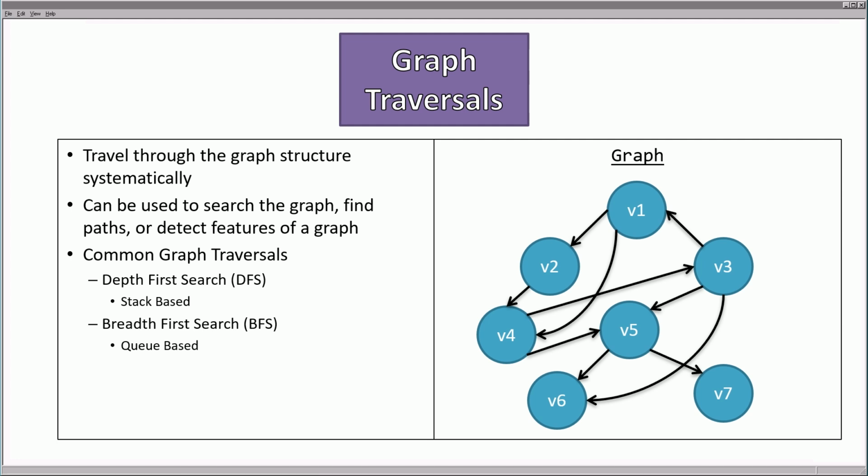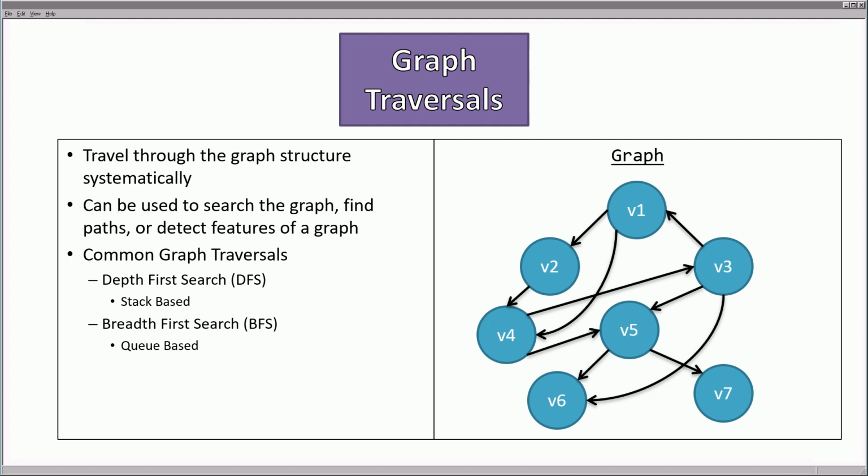One important function in a graph is being able to travel through that graph structure systematically. This is commonly referred to as a traversal. Traversals can be used to search the graph, find paths, or detect features of a graph such as cycles. Now there are some common graph traversals. One of them is called depth first search, DFS, and it is based on a stack.